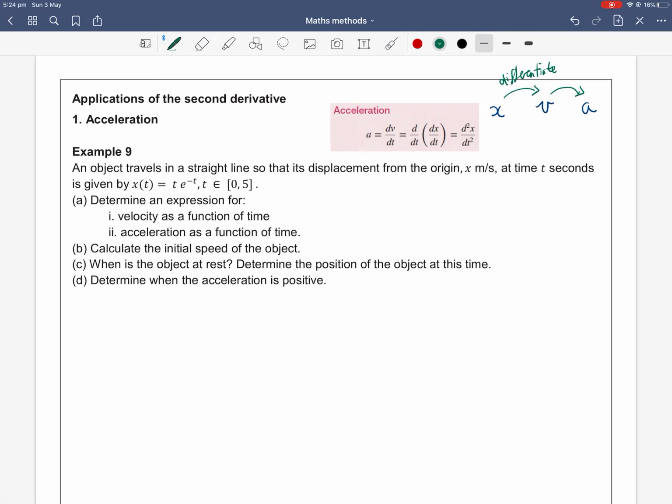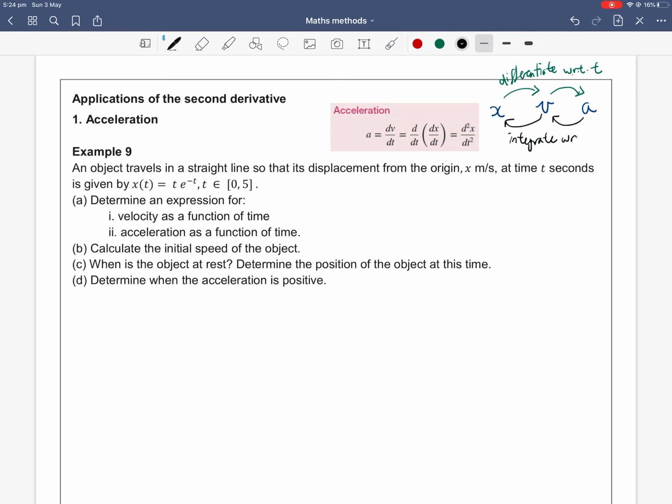And then if you differentiate velocity with respect to time, you go from velocity to acceleration. Hence acceleration is just the double derivative of displacement, because you differentiate once and then once more. On the other hand, to go backwards, you have to integrate.